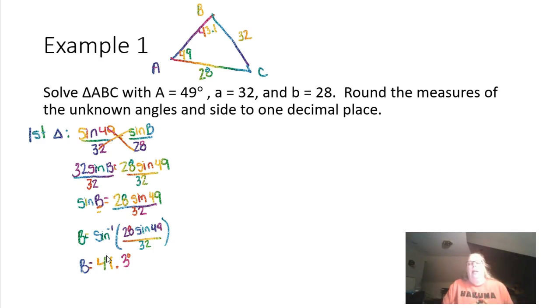Now, if there is a second triangle, then we're going to have a triangle that looks more like this.